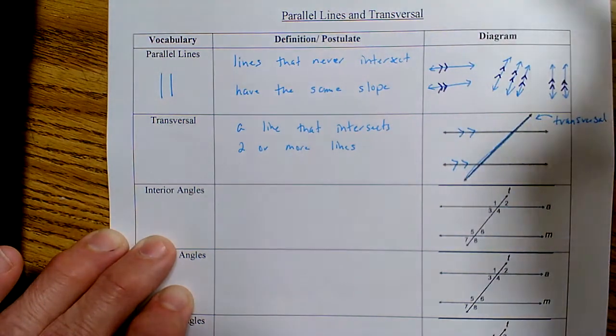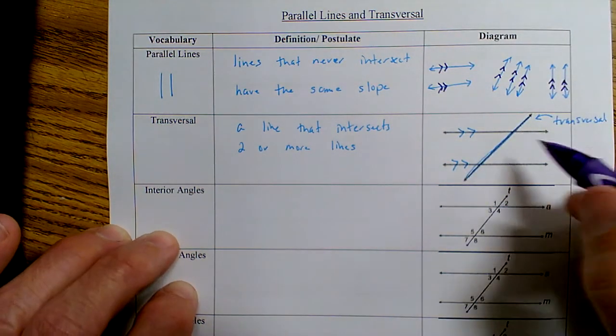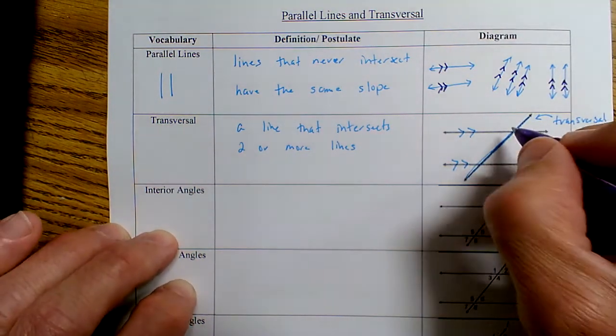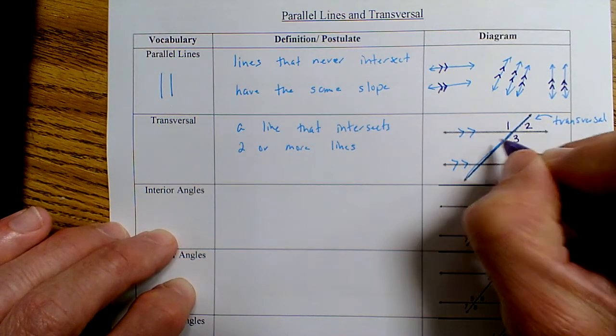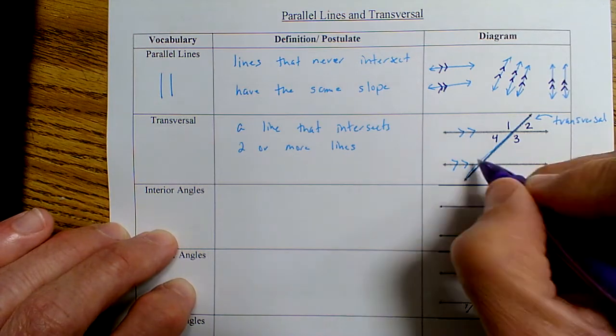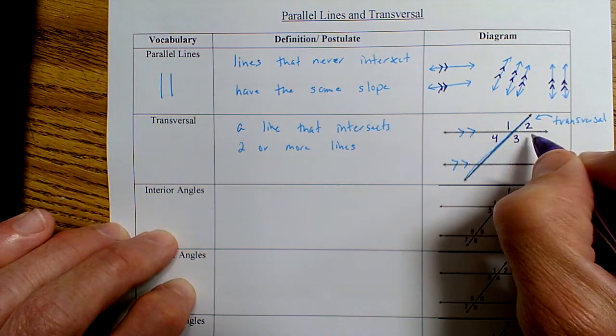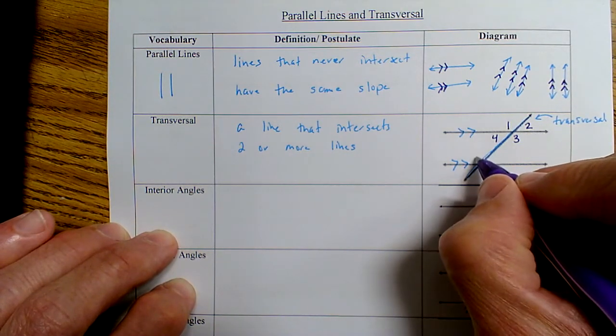And what I want you to notice, or what I'm going to point out, is that this creates different angles. Angle 1, angle 2, angle 3, and angle 4. I'm going to name, so we have four angles up here, and then I'm going to name these a little bit differently.